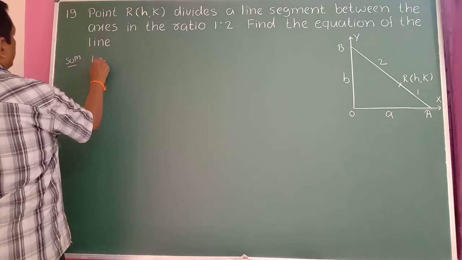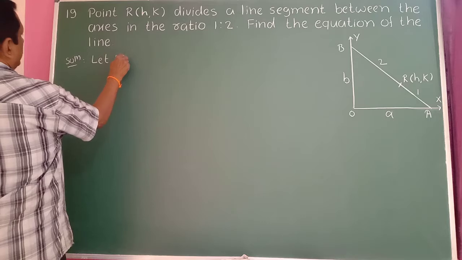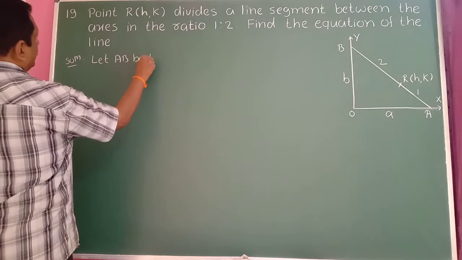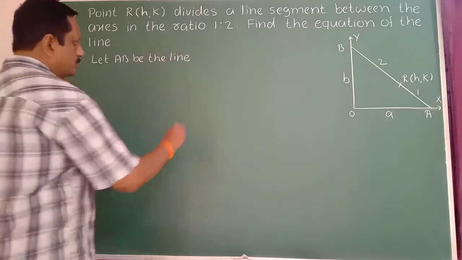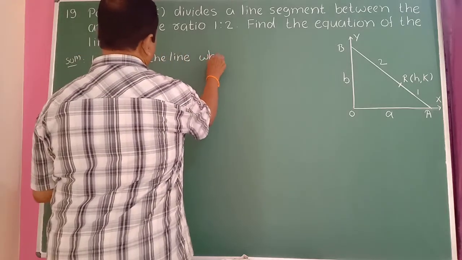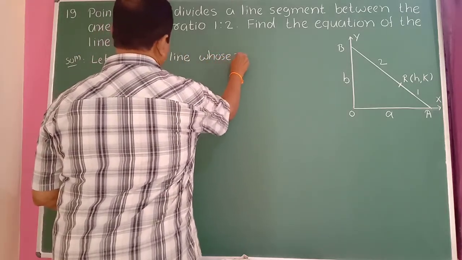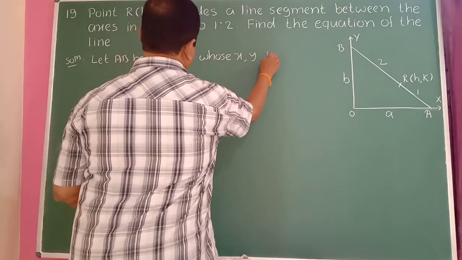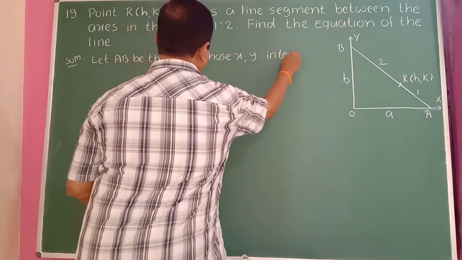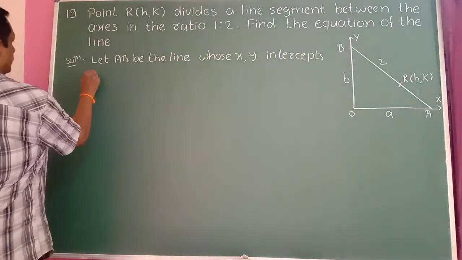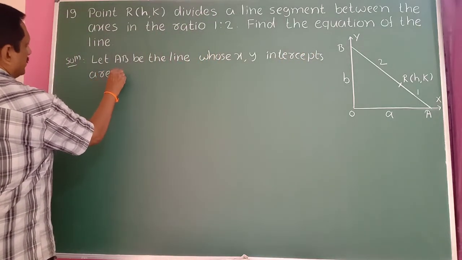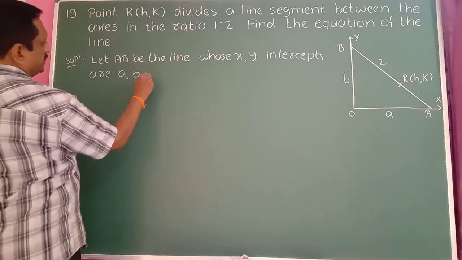Let AB be the line whose x and y intercepts are a, b respectively.